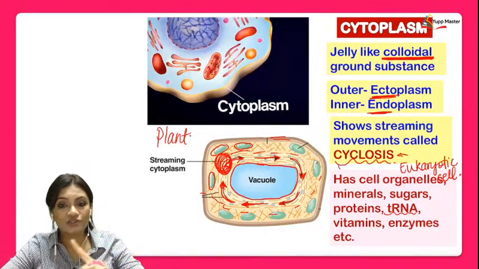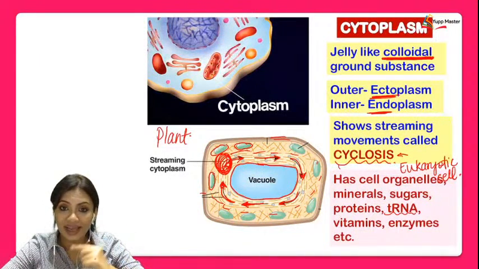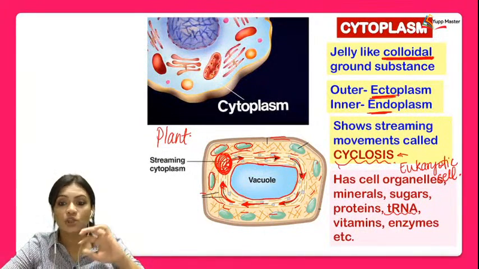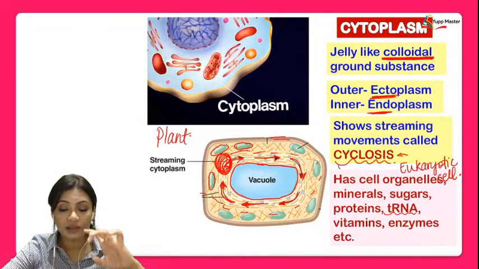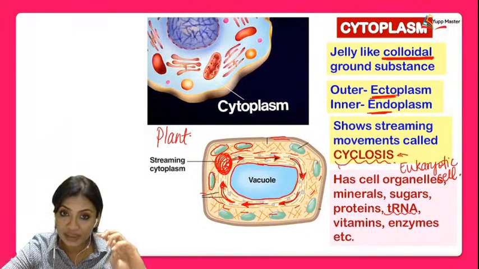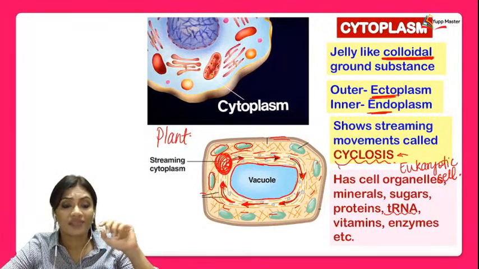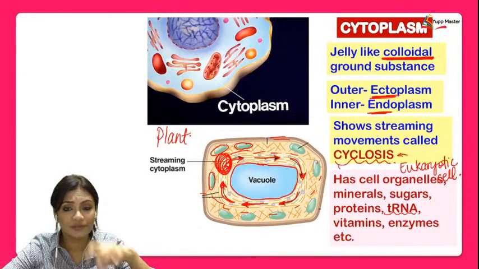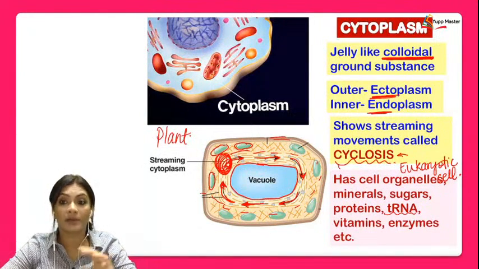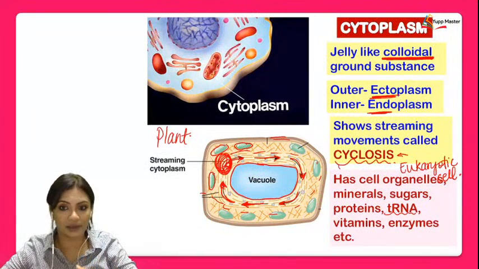That streaming movement is called cyclosis. All right, so there are cell organelles, minerals, sugars, proteins present in that cytoplasm, there is going to be tRNA, vitamins, enzymes, everything. Remember one thing, it is a colloid-like ground substance.